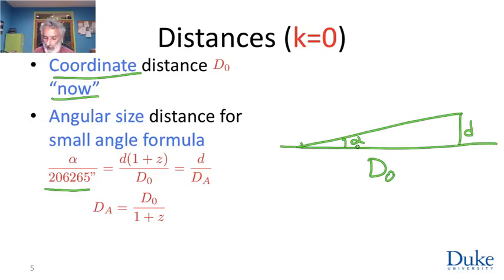But, however, when I look at this galaxy, remember, I am looking at this galaxy as it was a long time ago. And so, in fact, the distance that I am looking at, if you will, is not the size of the galaxy itself, but in fact, the size of that galaxy as it looks in today's coordinates.